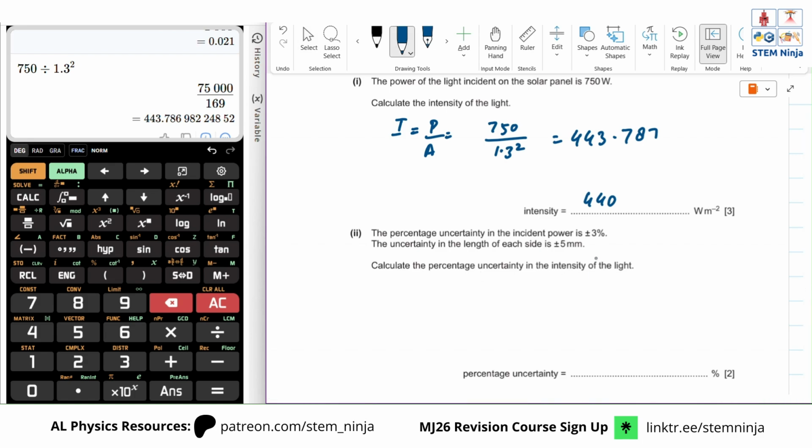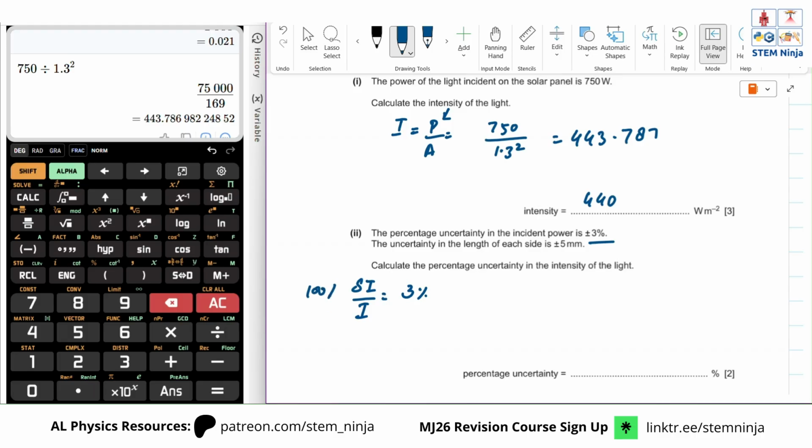The percentage uncertainty in the incident power is 3%. Uncertainty in the length of each side is 5 millimeters. Calculate the percentage uncertainty in the intensity of the light. Okay, so what we would need to do over here, we can do the percentage thing. So power 3%, that's already added.